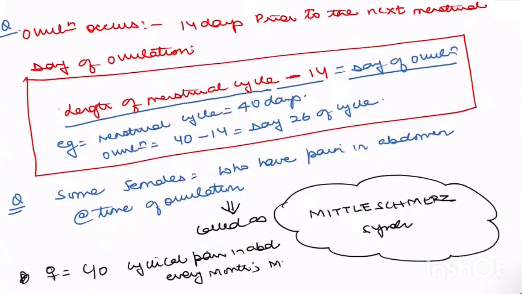And ये जो cyclical pain होगा, this will be in the mid cycle. So there will be cyclical pain in abdomen every month. And ये pain होगा in the mid cycle, because this pain will happen at the time of ovulation. And this is what is called as Mittelschmerz syndrome.